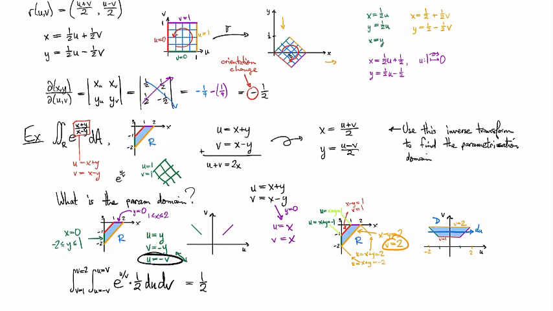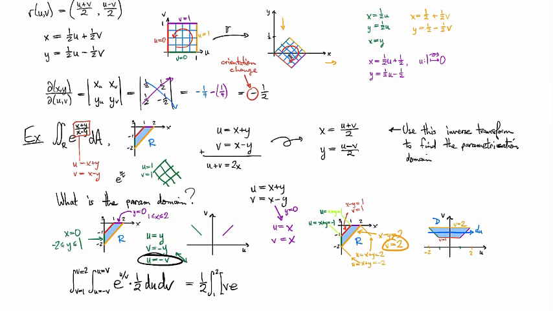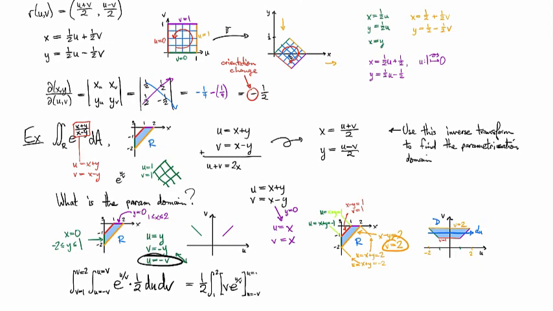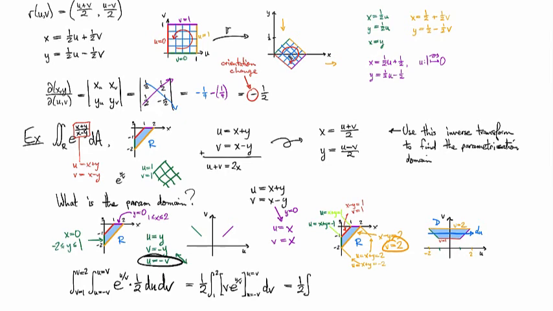And then I can just go ahead and integrate this. At this point, it's boring mechanical stuff that you know how to do well. So we integrate that and we get v e to the u over v, from u equals minus v to u equals positive v, dv. And so that's 1/2 integral from 1 to 2.